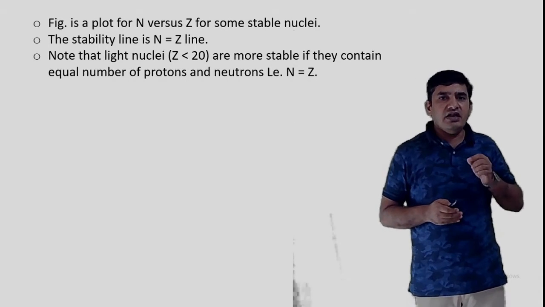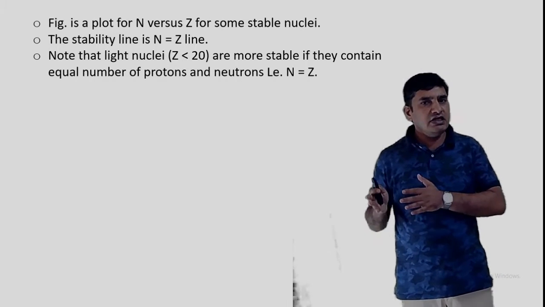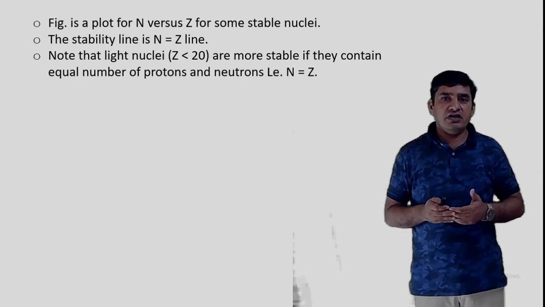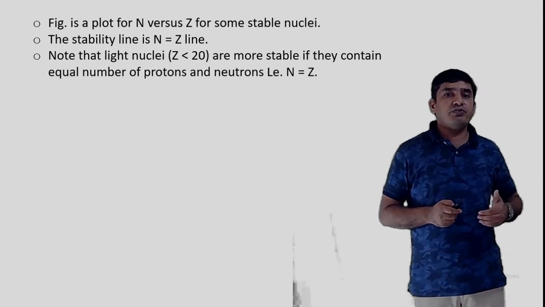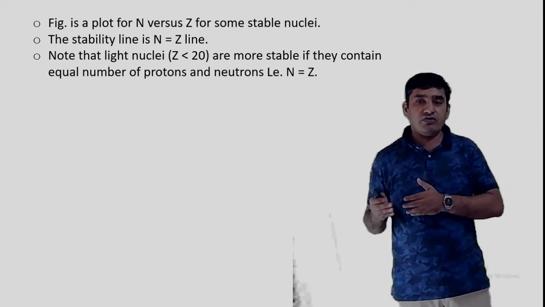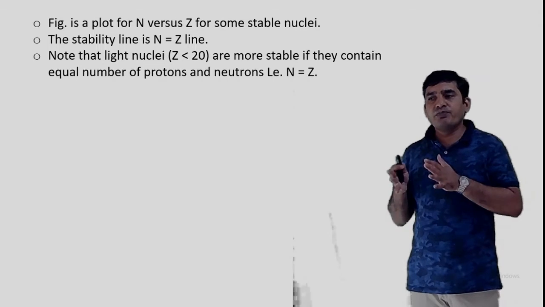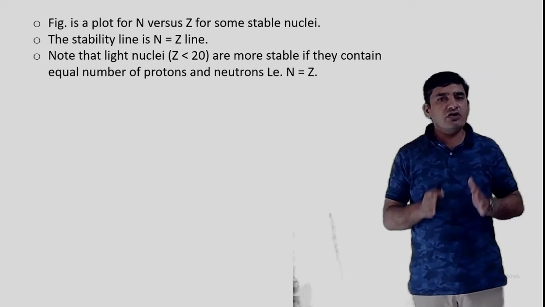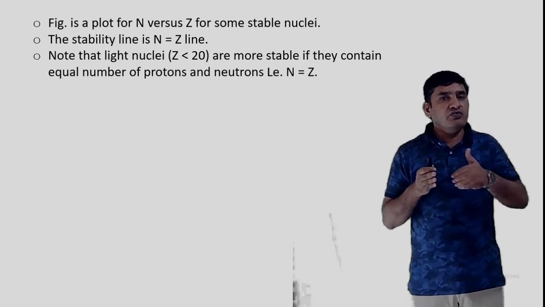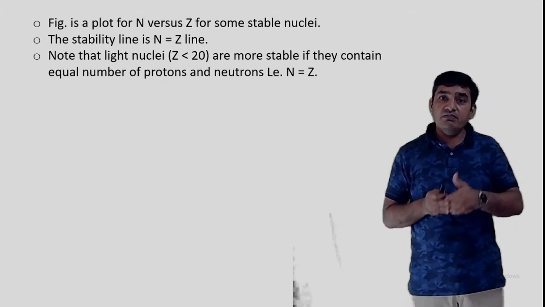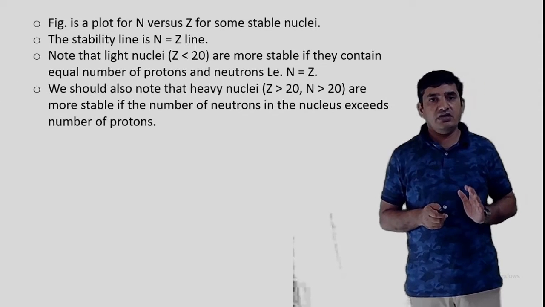Note that light nuclei, with atomic number less than 20, are more stable if they contain an equal number of protons and neutrons.